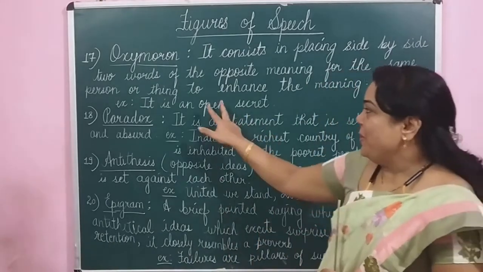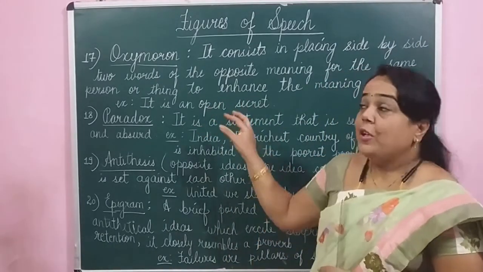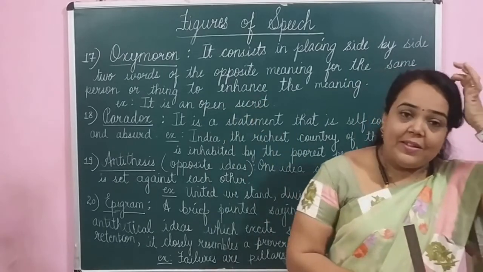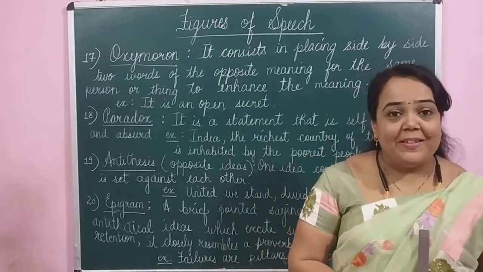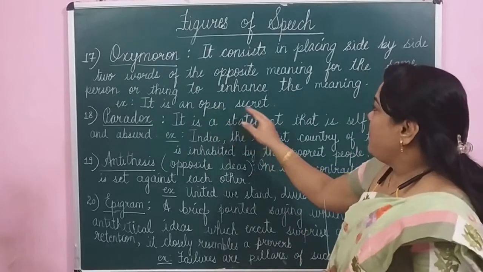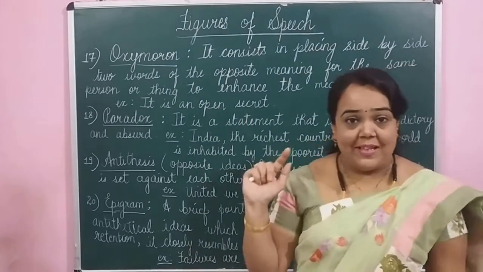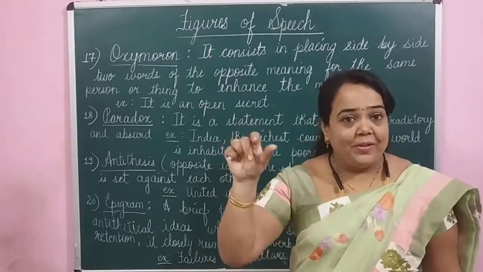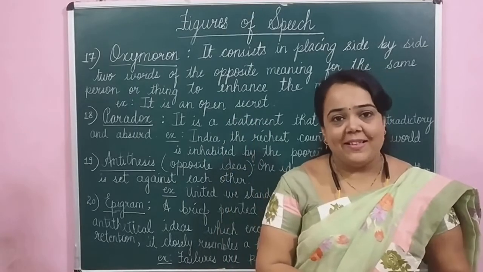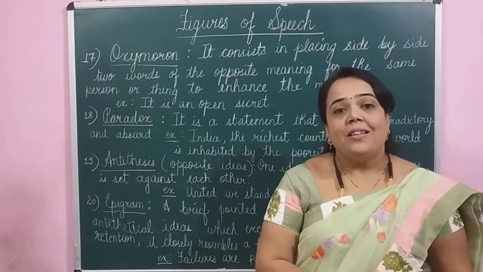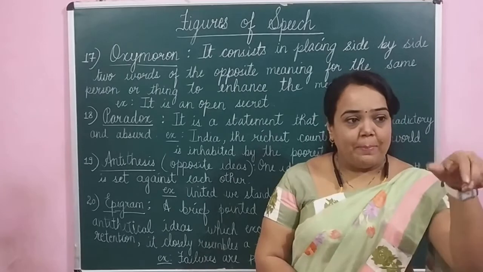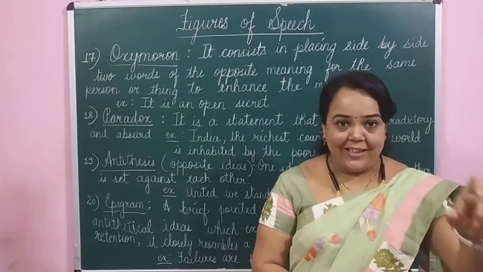Okay, so oxymoron, 2 words of opposite meaning are placed side by side. And always remember, these contradictory words which are placed in the same sentence are used for the same person or thing. Okay?